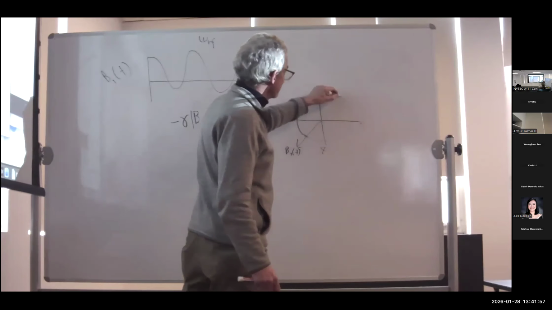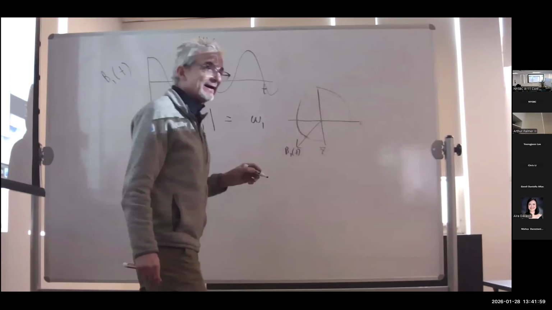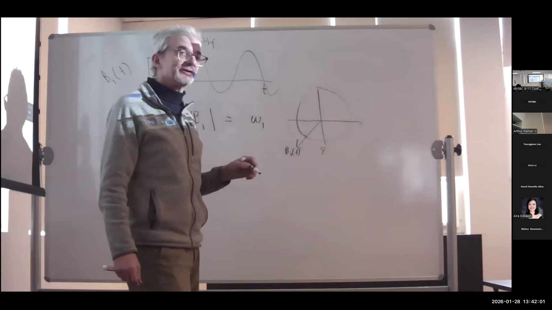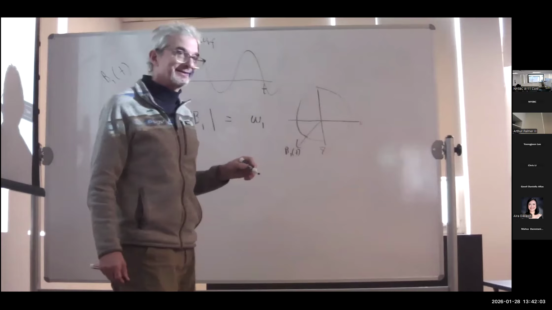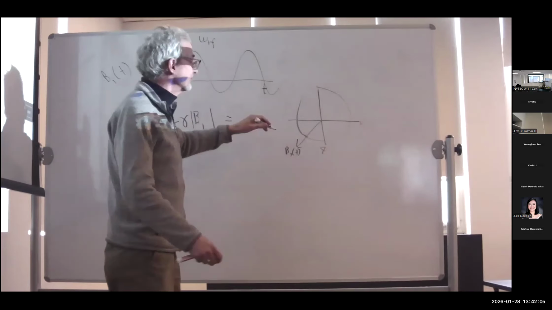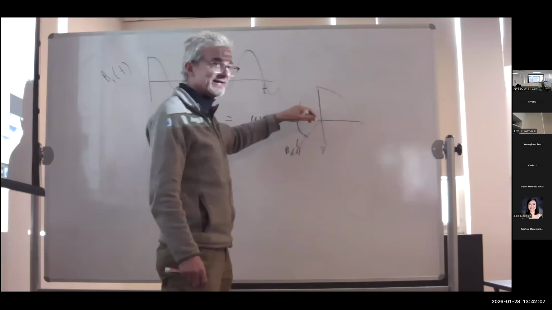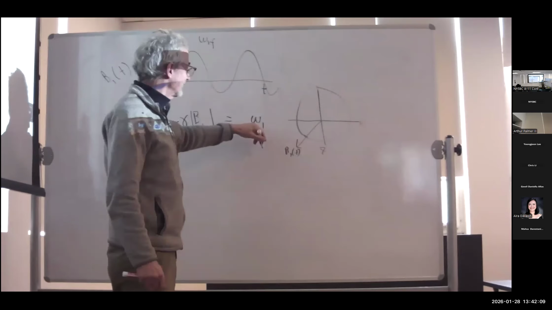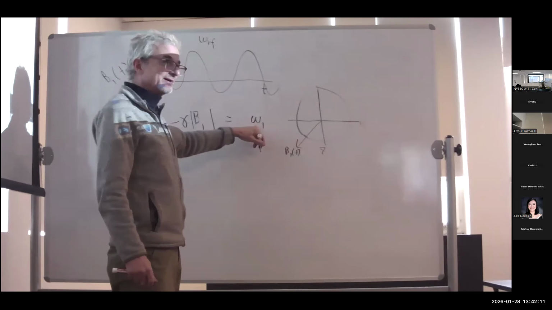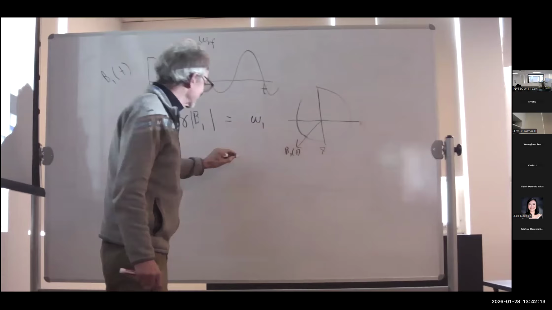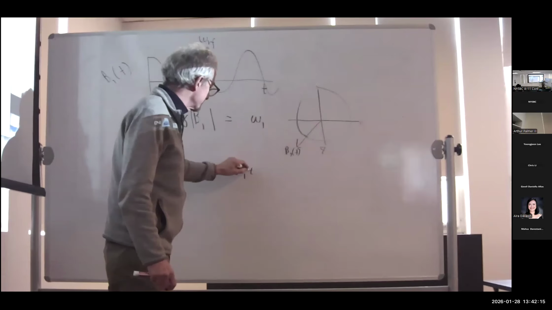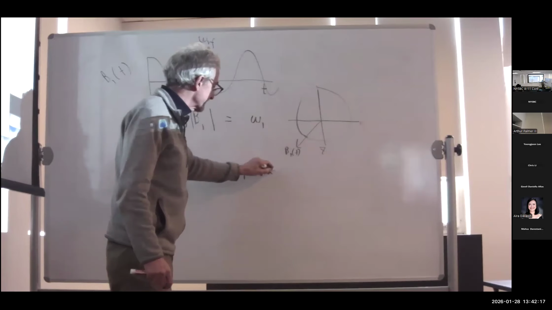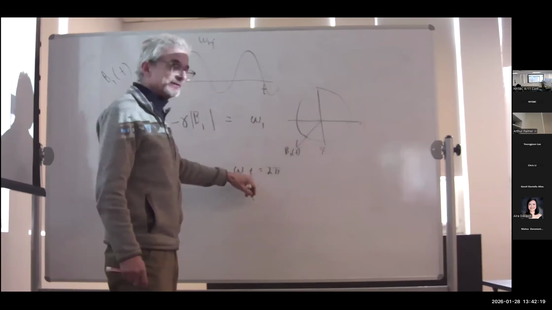And after a certain amount of time, it will come back by 360 degrees. So omega 1, well, 2 pi, let's stay in angular. This frequency is the time it takes to go to 2 pi.